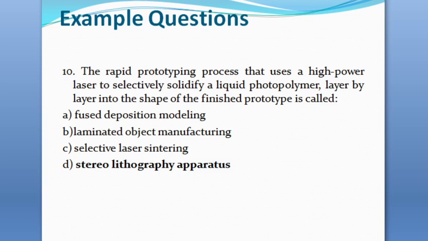The technique used in SLA uses a high power laser to selectively solidify a liquid photopolymer layer by layer into the shape of the finished product. Fused deposition modeling uses the extrusion. LOM uses the sheet. SLS uses the sintering process.